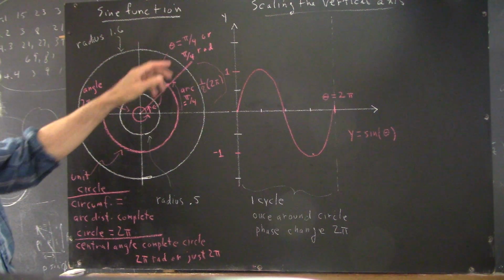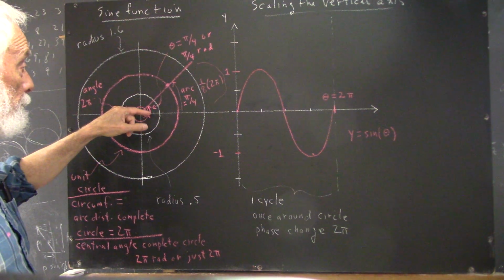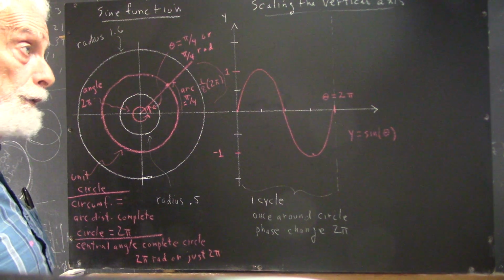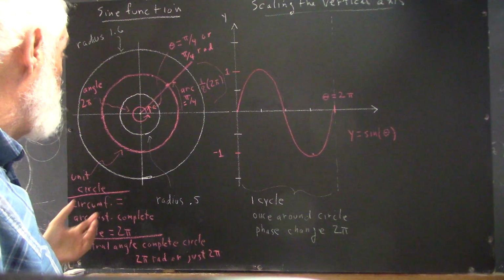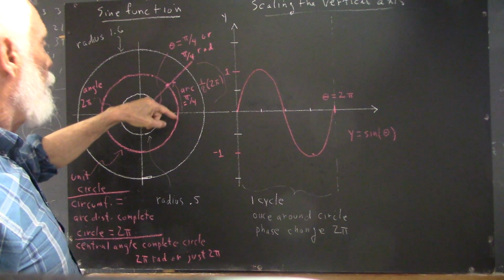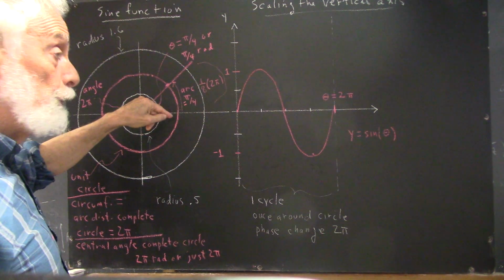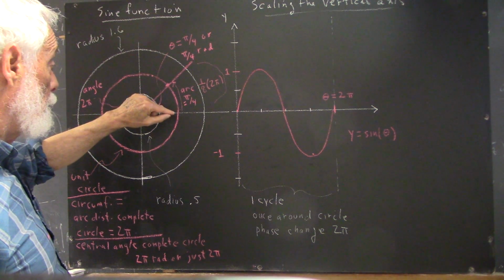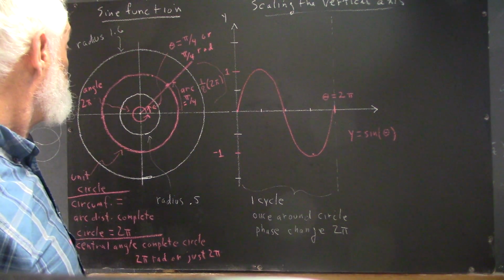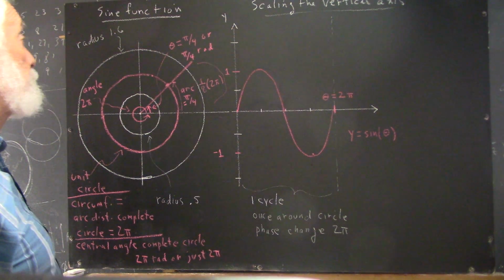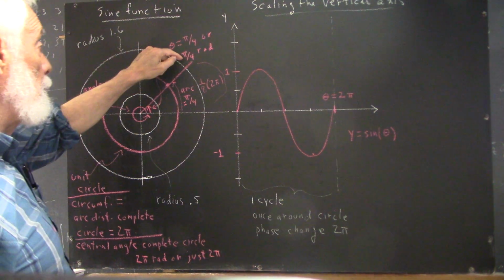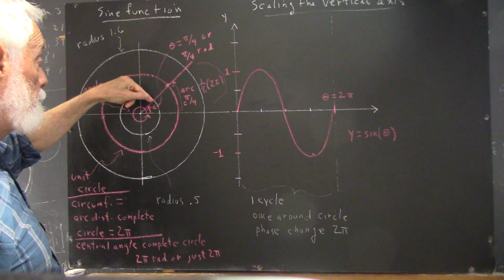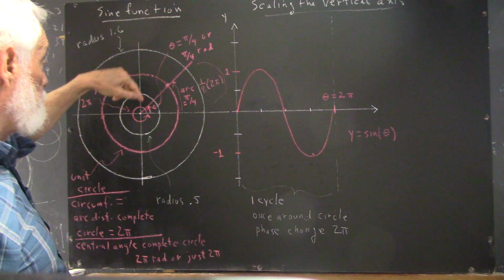Okay, so the angle corresponding to an arc on any circle is the arc distance that you would travel around a unit circle to complete that arc. Now, this means that this pi over 4 radian angle applies to this smaller circle, to this angle here.